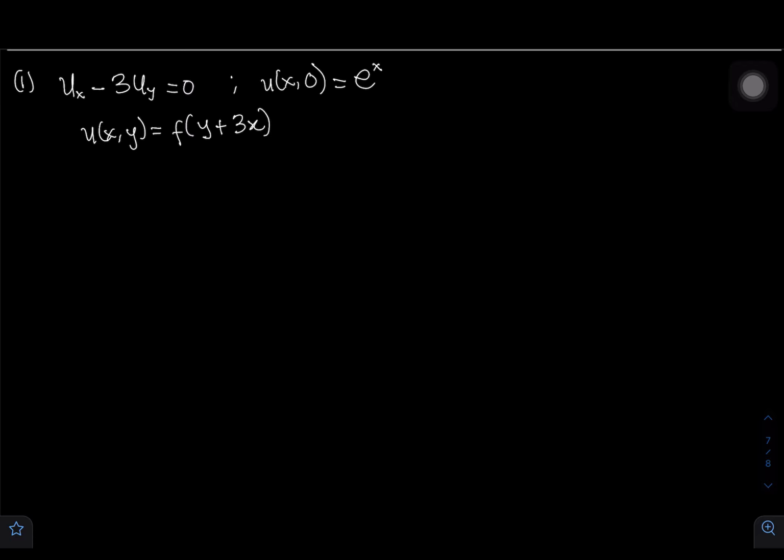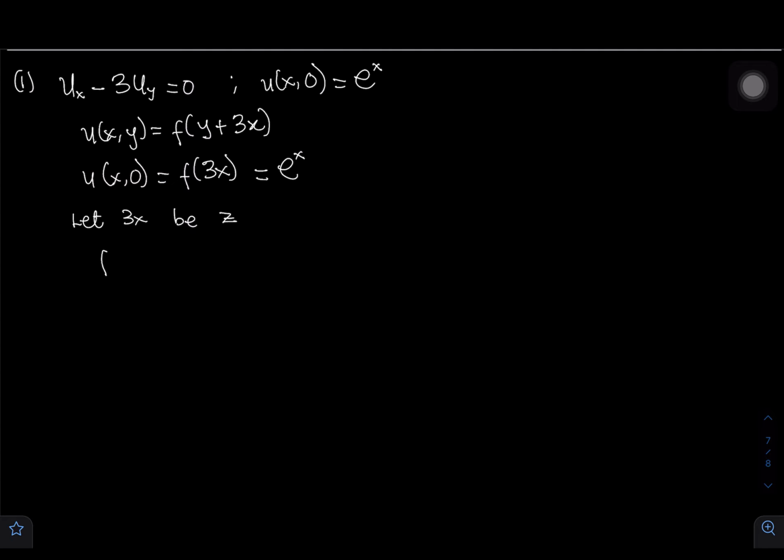That's just the solution. But with the condition, you have u of x, 0. Wherever we see y, we put in 0. We're going to have f of 0 plus 3x, that's f of 3x, and that should be equal to e to the power x. Okay, so we just let this be 3x because we just want to have a function of a variable, so that we can have the most general solution. So we let 3x be another variable z.